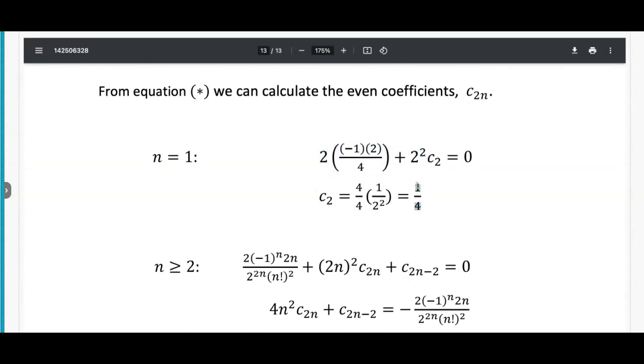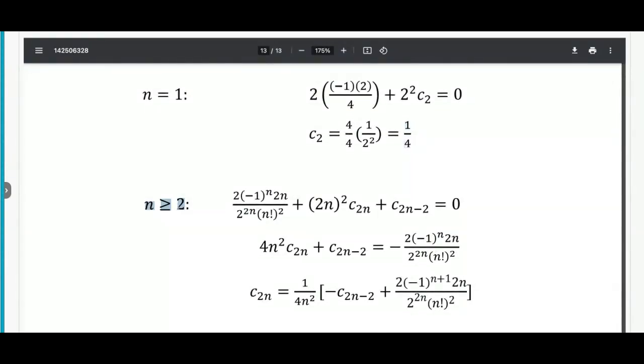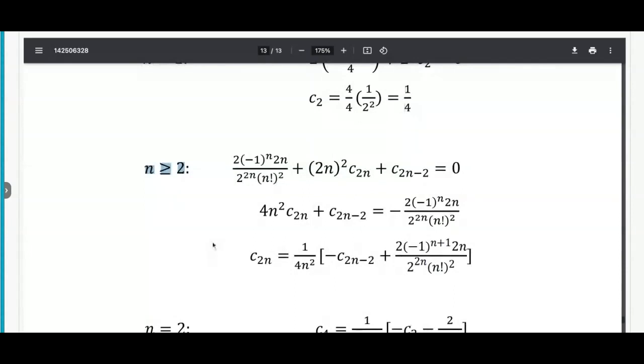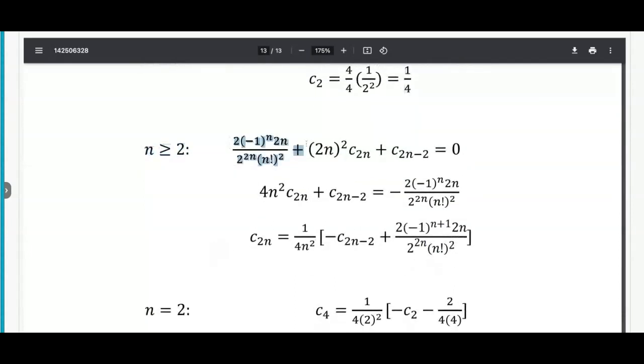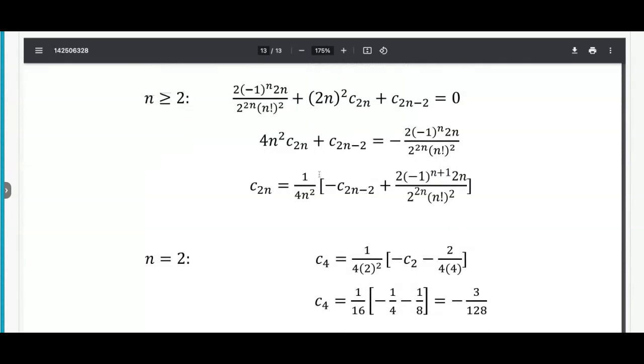From the calculation, we get c2 equals a quarter. Then for n starting from 2, after some tedious simplification, we get such a representation.